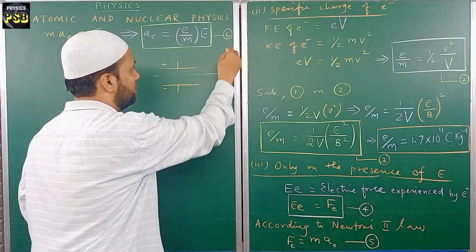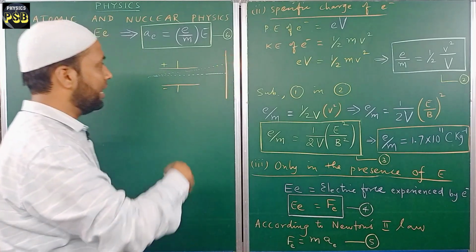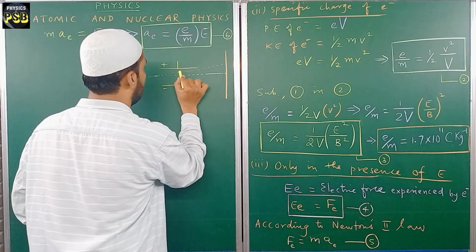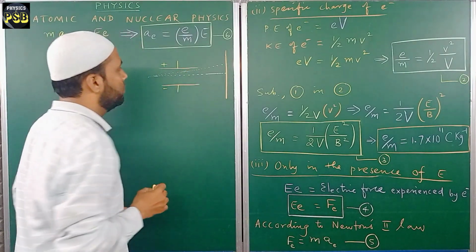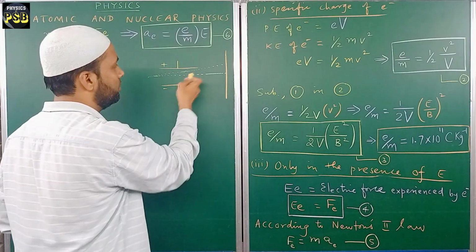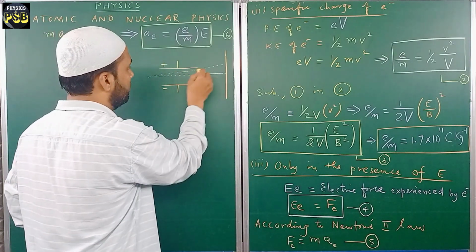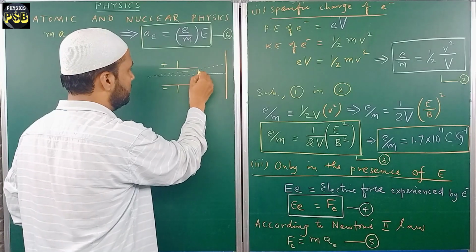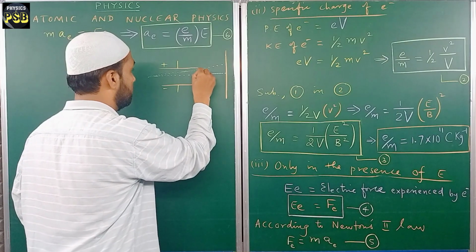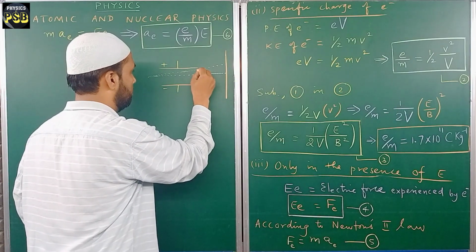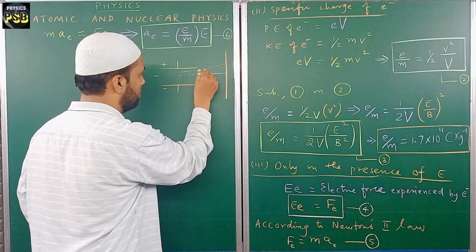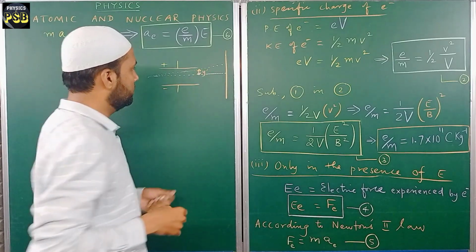This is another end of the discharge tube. Now you can see it has deviated from its previous path. Here the deviation is represented by this displacement.